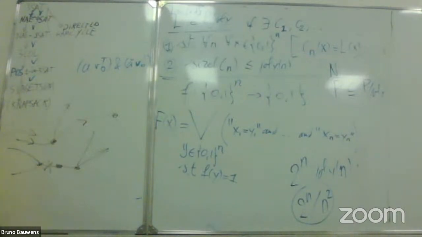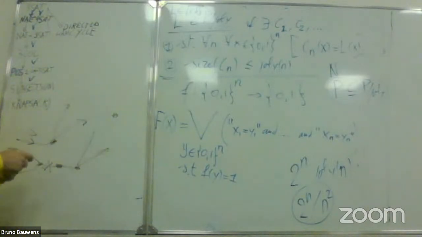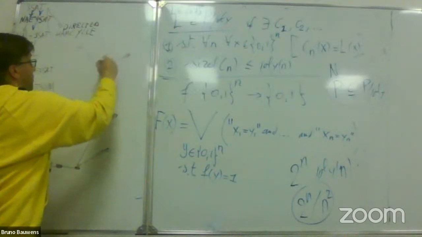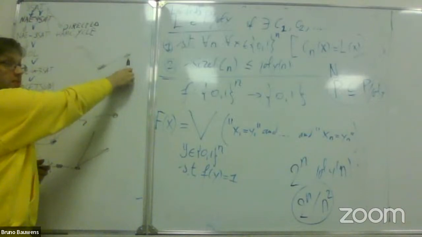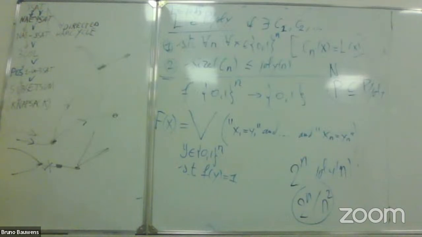And now we have a graph with a dangling node here, and there is no chance anymore to visit this node as part of a Hamiltonian path. So that's the idea.